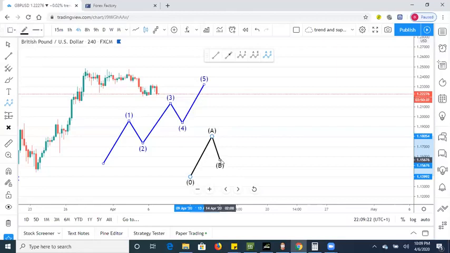You have to get to a point where you are patient enough to wait for certain things that look like a pattern you understand, then you trade that pattern. That is the way to be consistently profitable in the Forex market.